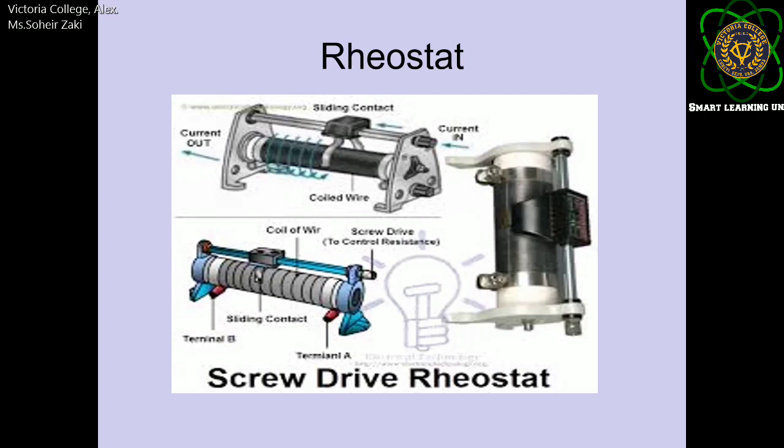The rheostat consists of high resistance wire that is coiled around a porcelain cylinder and fixed at two points, and a slider that moves above the coil.